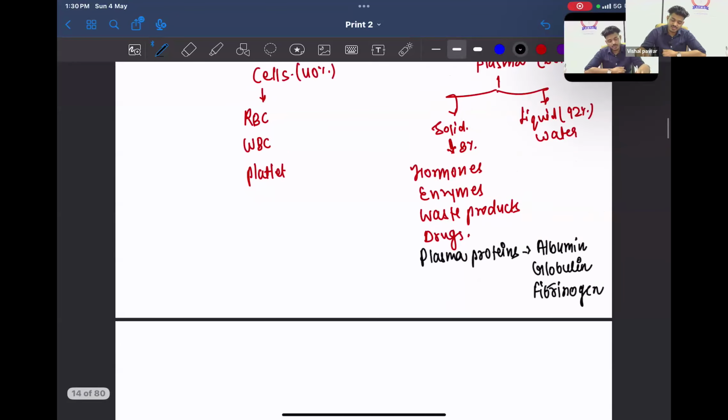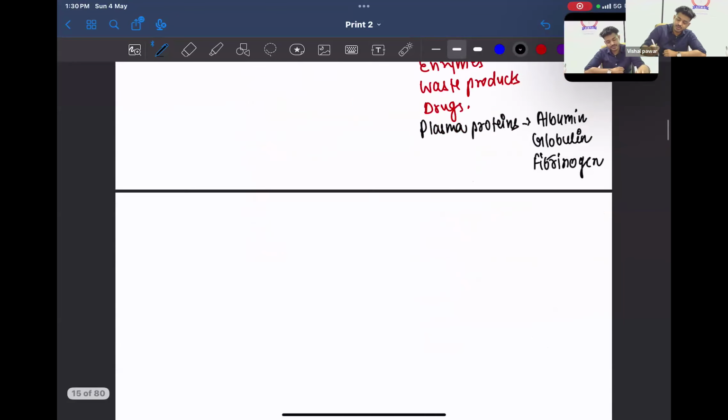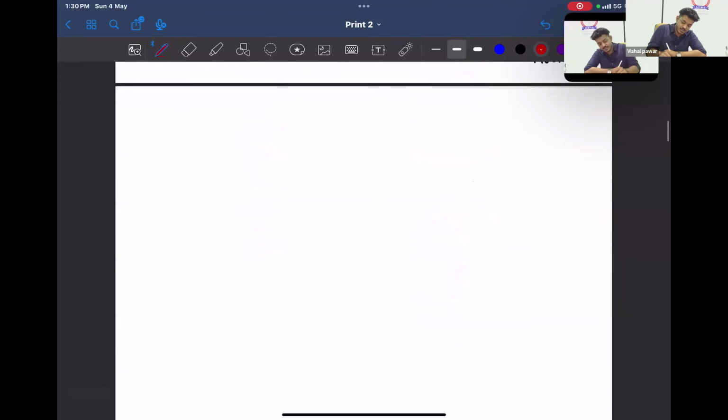Now let's talk about the first blood component, which is your RBC, red blood cells.